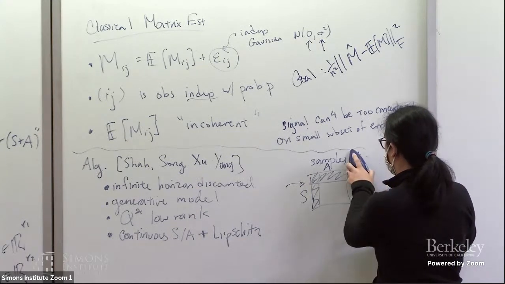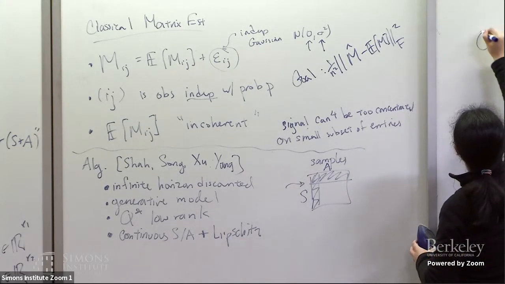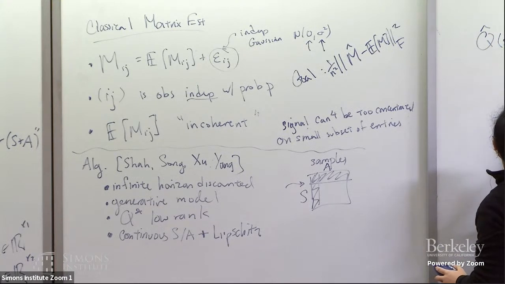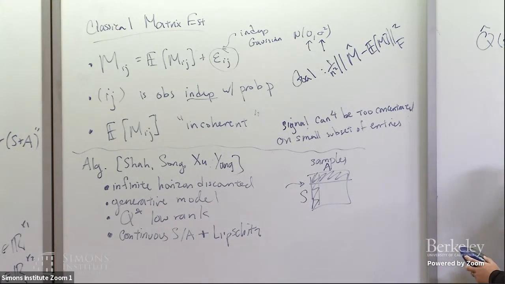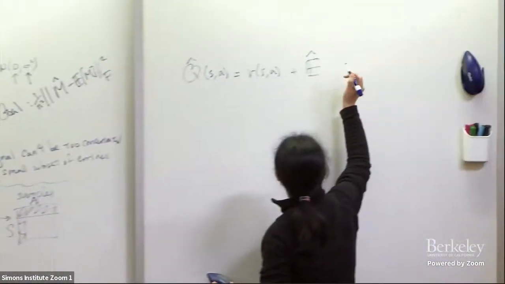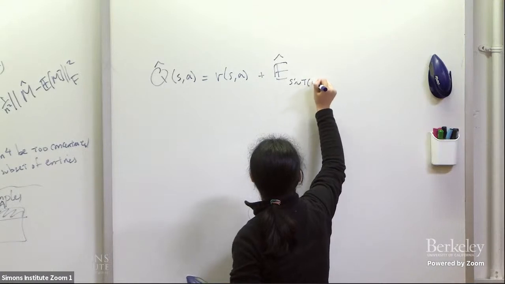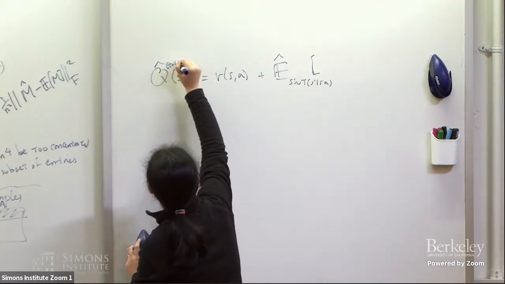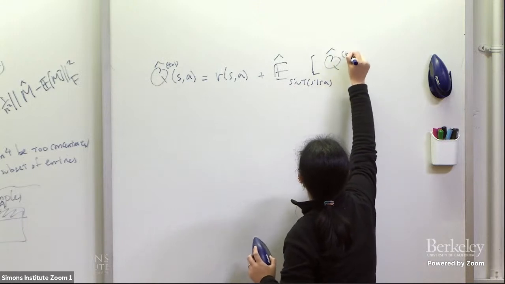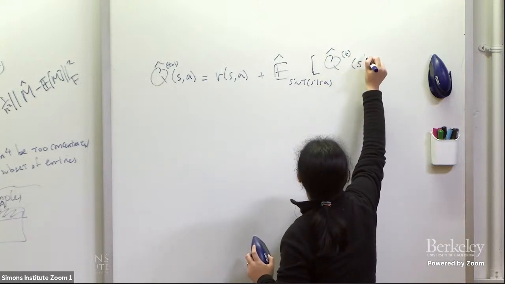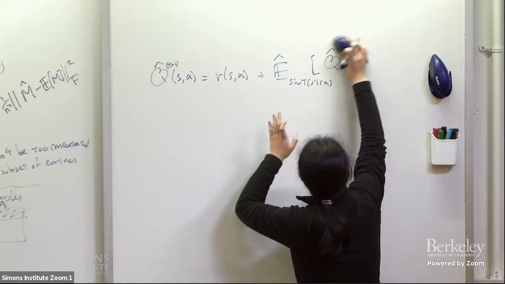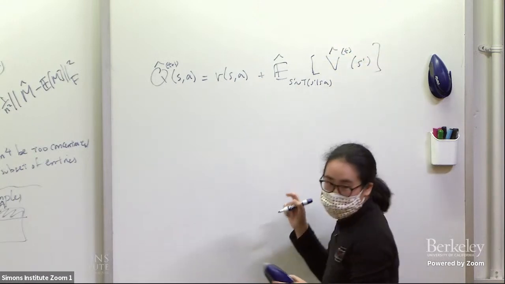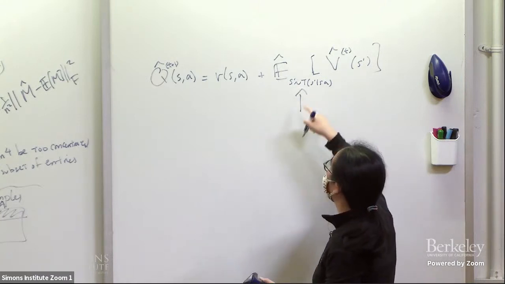They're iterating, and the estimate equals the reward plus the empirical expectation from samples. They use the samples to construct this part of it.